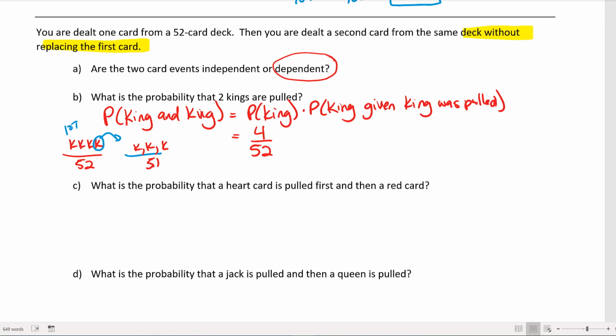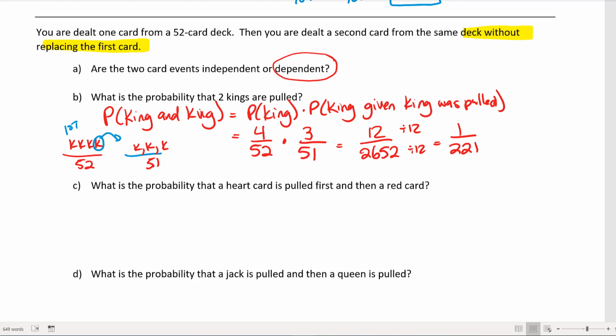Only 51 cards. So we have 3 kings out of 51, given that a king was already pulled on the first one. So when I multiply this out, I'm getting 12 over 2,652, which if I divide the top by 12 and the bottom by 12, gets me 1 out of 221.